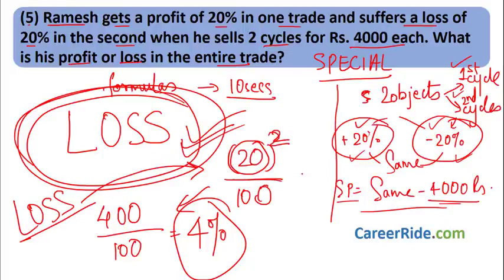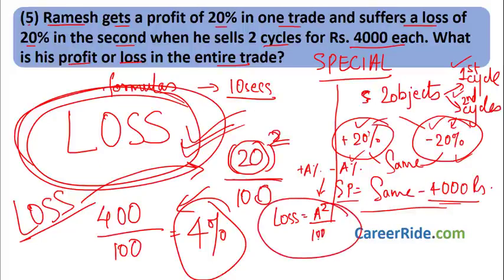So let us say if the person gets a% profit and a% loss, and the selling price is the same, then the loss percent is given by a square upon 100. Simply square the percentage and divide by 100 and you will get the percentage loss in the entire trade.